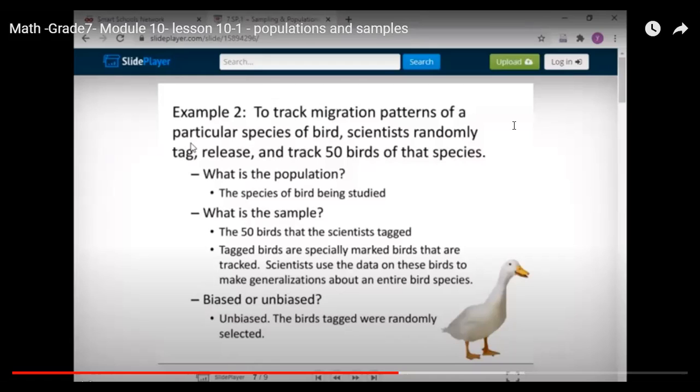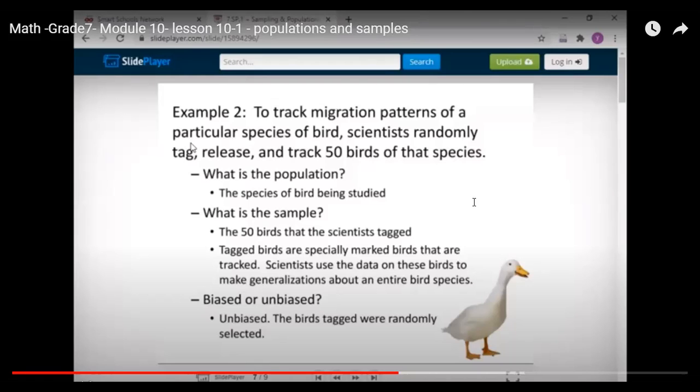They selected 50 birds. So the population is the species of bird being studied, but the sample is the 50 birds that scientists tagged. Tagged birds are especially marked birds that are tracked. Scientists use the data on these birds to make generalizations about an entire bird species.